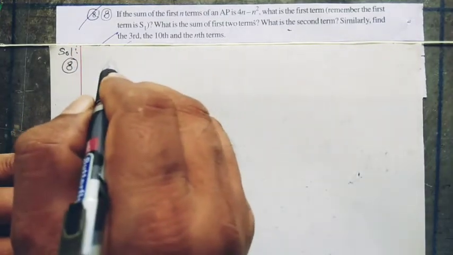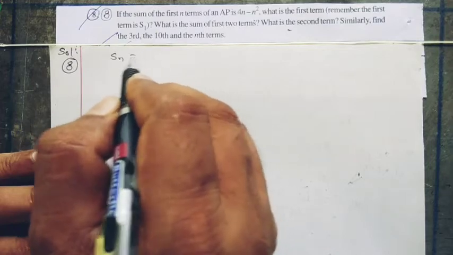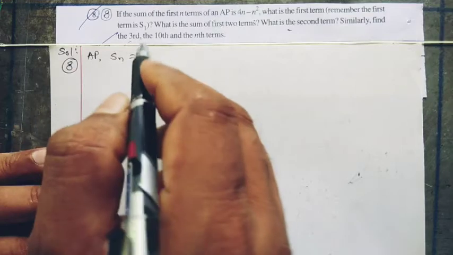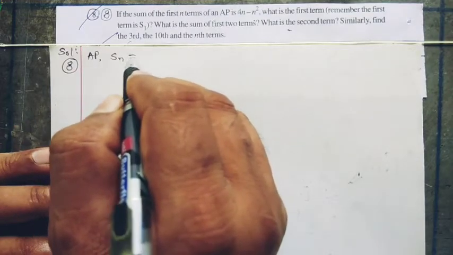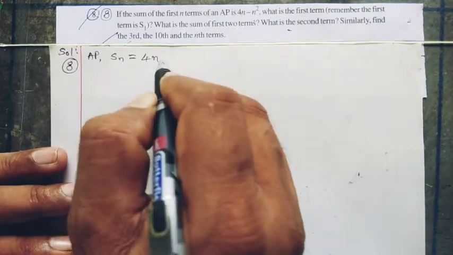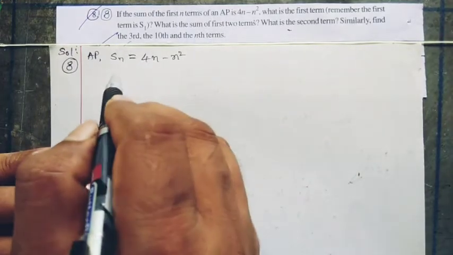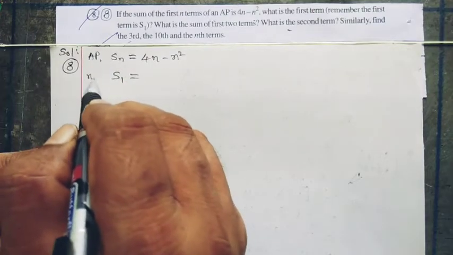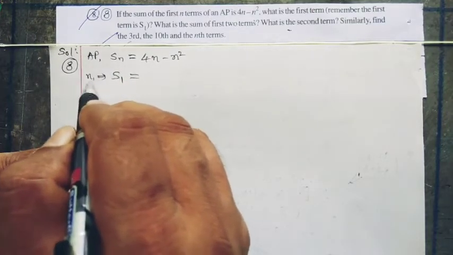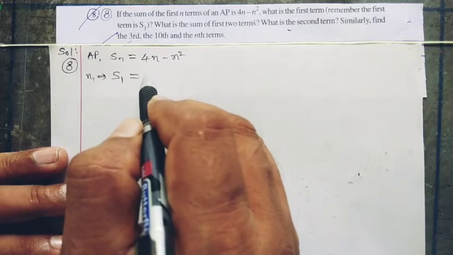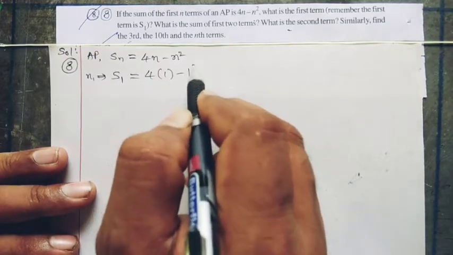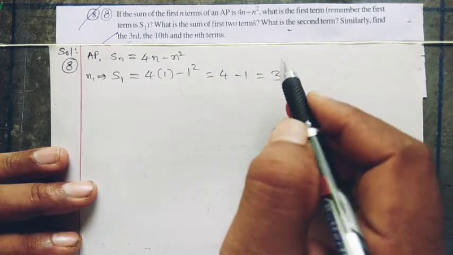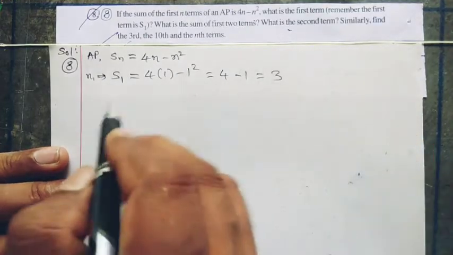Given in the AP, Sn = 4n - n². So S1, where n = 1, is the first term: 4 × 1 - 1² = 4 - 1 = 3. So this is the first term.